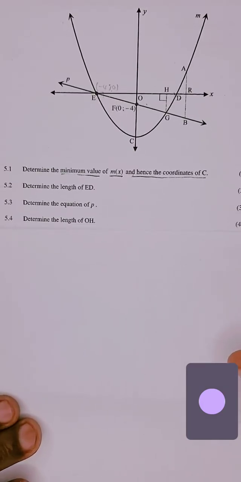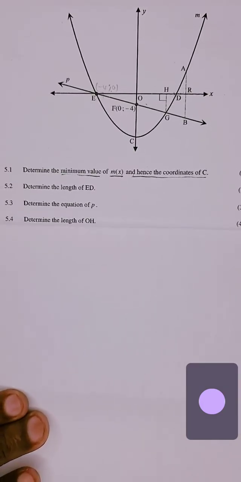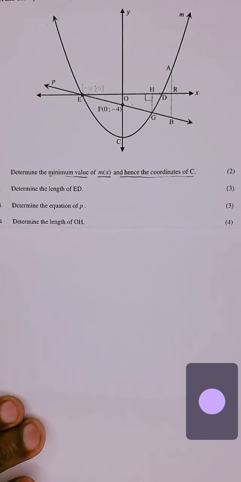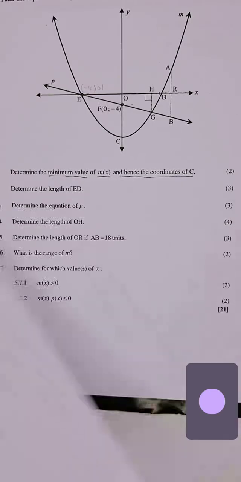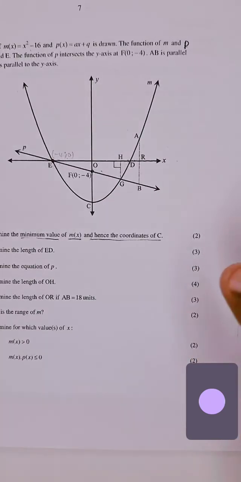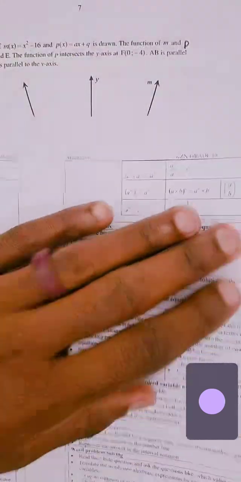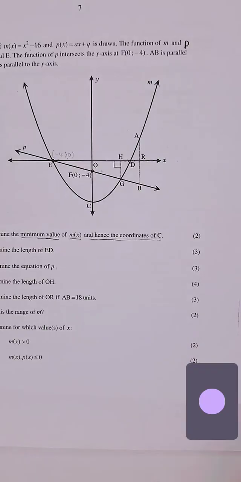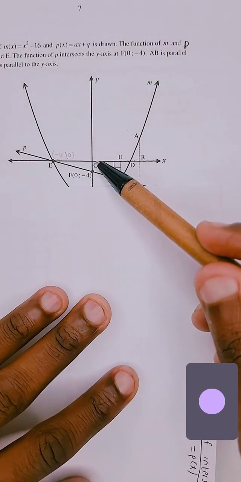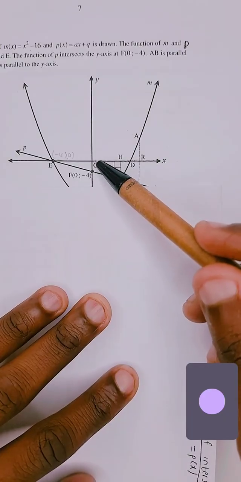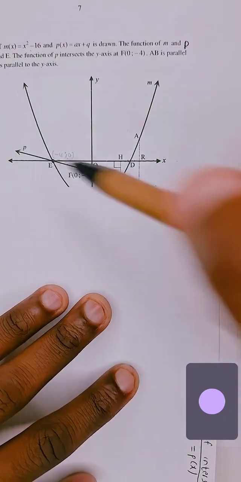That's for sure. Determine the length of OH. Do you see the mark allocation for OH? So Zubair, I want us to check something out here. Let's take a walk around OH. Look at this. Where's O? There is O. What do we refer to this as?